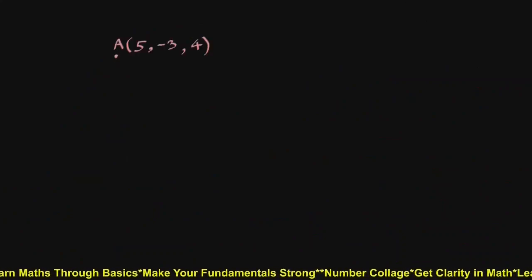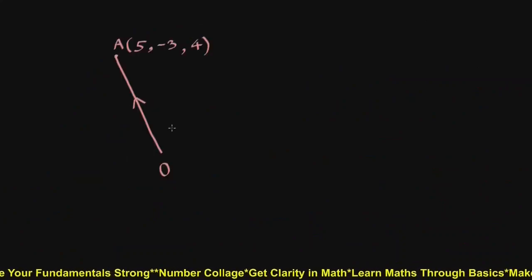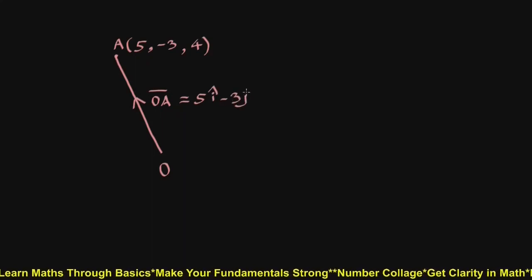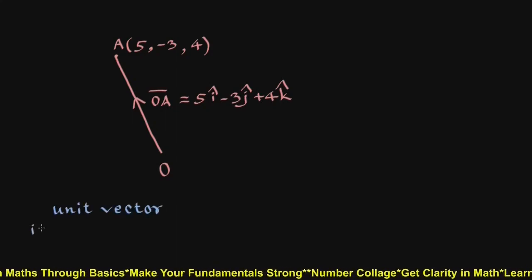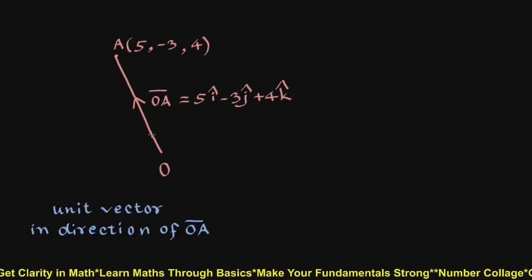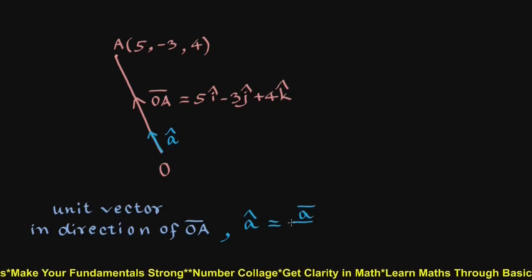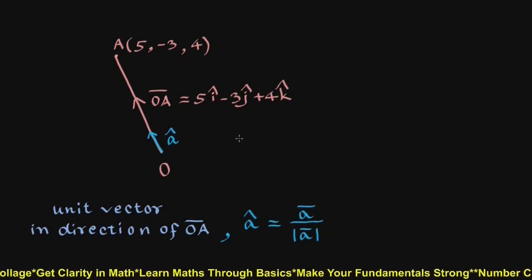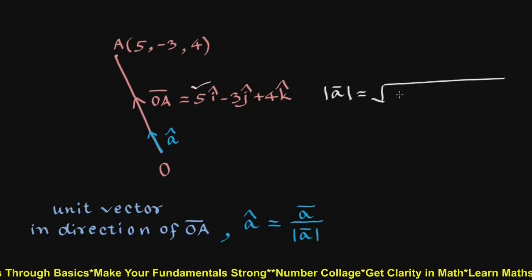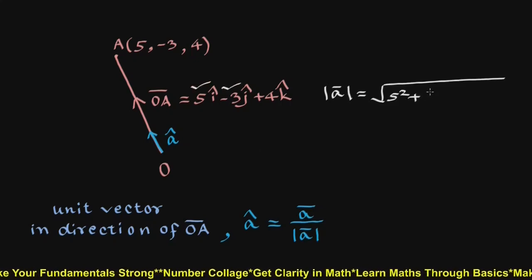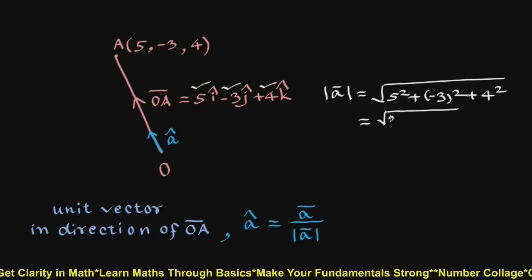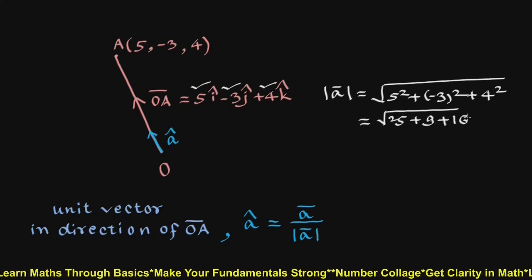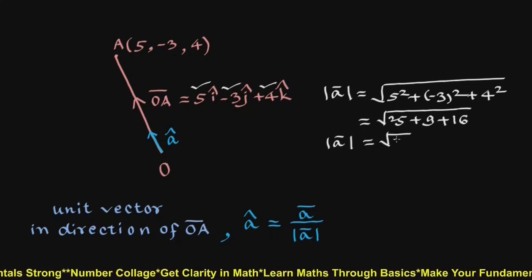If point A is (5, -3, 4), then vector OA bar will be 5i cap minus 3j cap plus 4k cap, and unit vector in the direction of OA bar, say a cap, equals a bar upon mod a bar. Now mod a bar will be square root of this 5 square plus this minus 3 square plus this 4 square, which will be 25 plus 9 plus 16, which will be root 50.